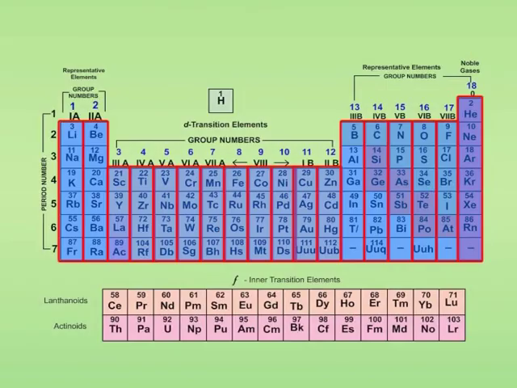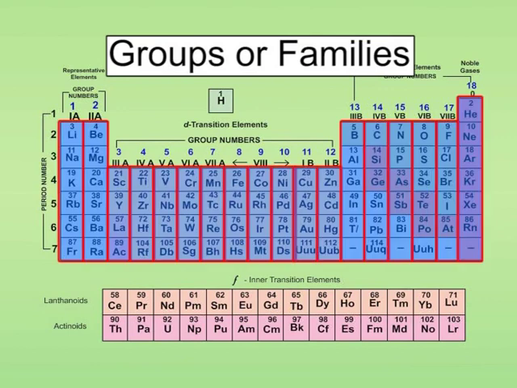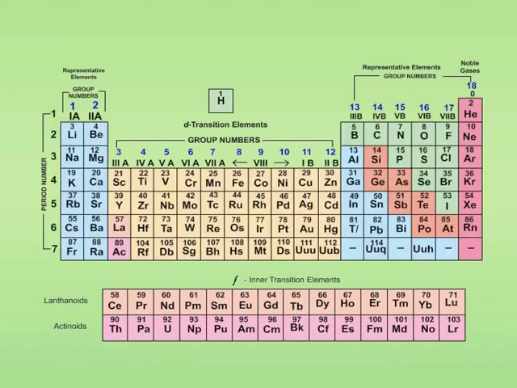These vertical columns are known as groups or families, while the horizontal rows are called periods. Let us discuss them one by one. We will first discuss groups.